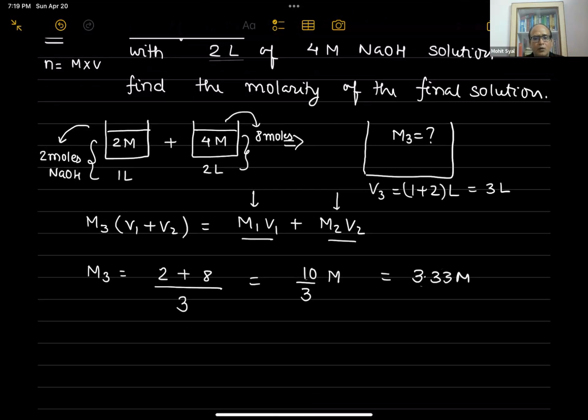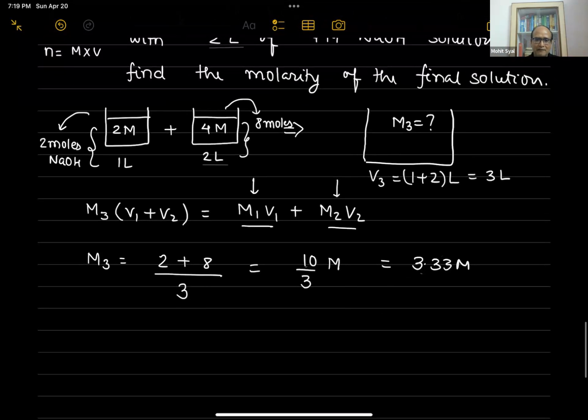Yes, sir. Okay, so you add the total moles, M1V1 plus M2V2, and divide by total volume. Total volume is additive, we know, right? And total moles are also additive. So you get this as the final concentration. Is it clear or not? Yes, sir.